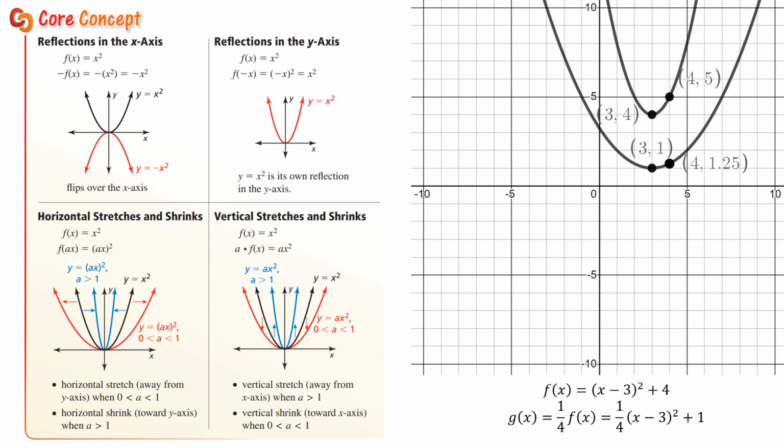Also, in the parent function we go from (3, 4) to (4, 5), up 1 and over 1. Now if we go over 1 unit to 4, we're only going to rise 1/4 because we've vertically shrunk. You can say this looks wider, and it does, but it's as though the x-axis is behaving like a magnet, drawing all of those points down closer to the x-axis.